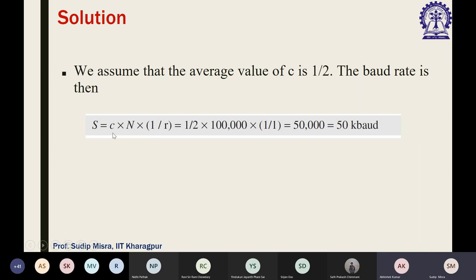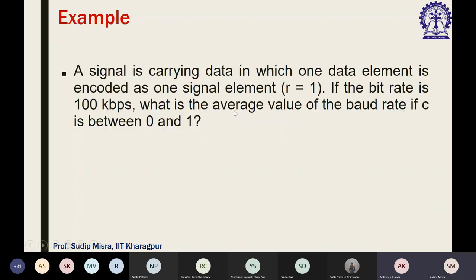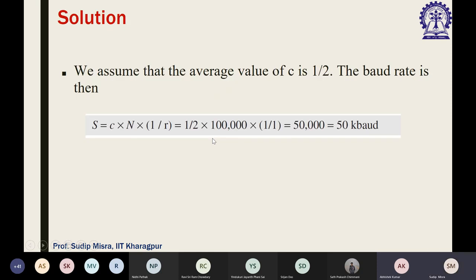C is the case factor, and it is given that we want the average value of the baud rate if the C value lies between 0 and 1. On an average, it is assumed to be 1/2. So C equal to 1 by 2. So 1 by 2 into N into 1 by R. If you do this calculation, you will get 50 kilobauds.